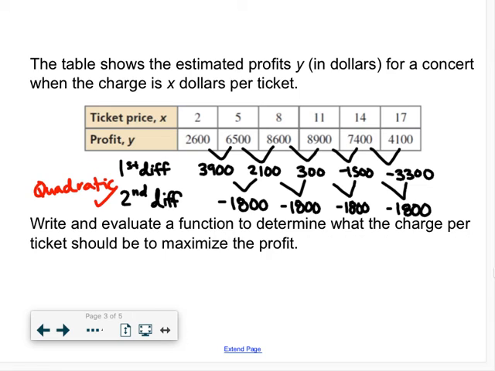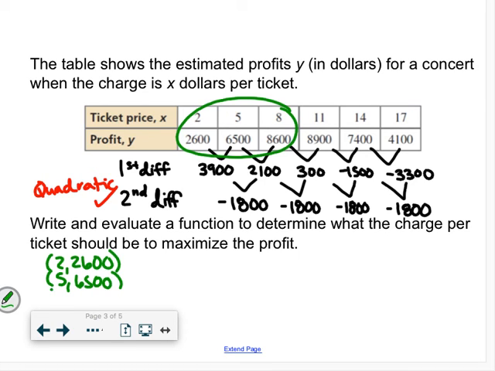In this case, all of these numbers are fairly large in the y value, but for my x's, I could at least pick the 2, 5, and 8, so my x's are smaller. So I'm going to use these 3 as my 3 points: 2, 2,600; 5, 6,500; and 8, 8,600.